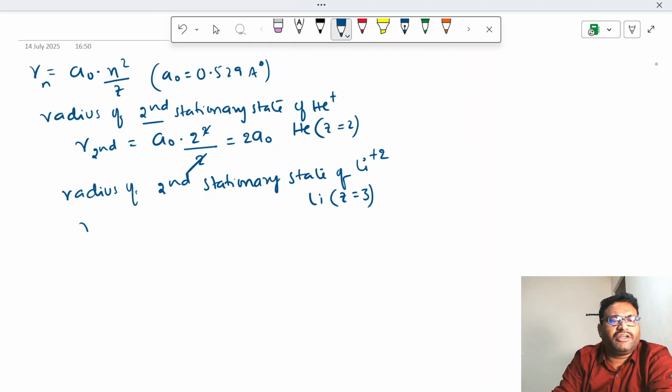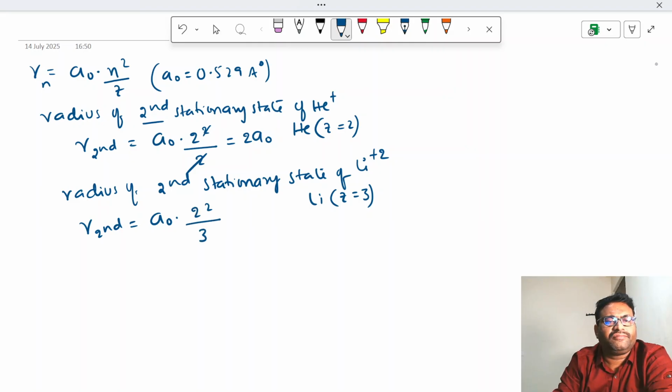Then you write, radius of second orbit is equal to a naught into 2 square by 3. So that is equal to a naught into 4 by 3, 4 by 3 a naught. So that is how we calculate by using the formula.